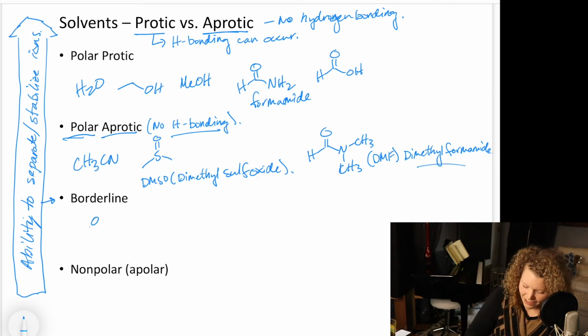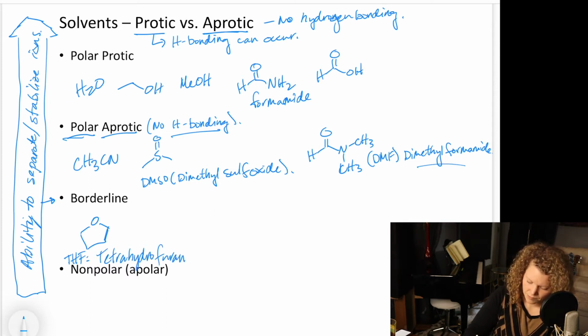And the way that they get around it is, I'm going to draw an example here. This is a cyclic ether. This is THF, or tetrahydrofuran. And this has lone pairs here that can donate and can help stabilize charges. So many times these borderline ones have donor atoms, or they can donate electron density.